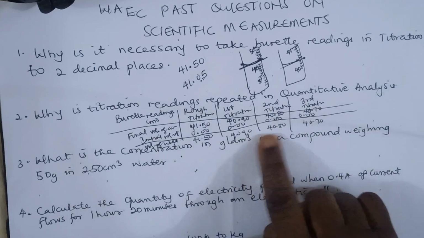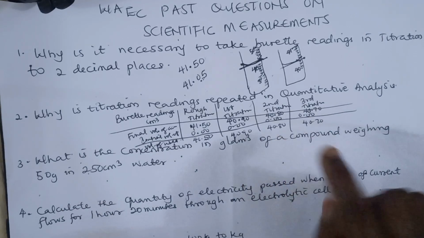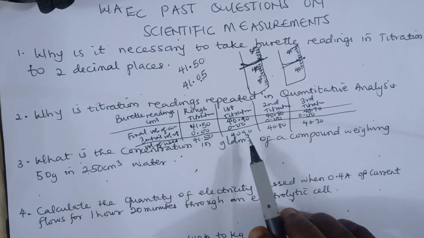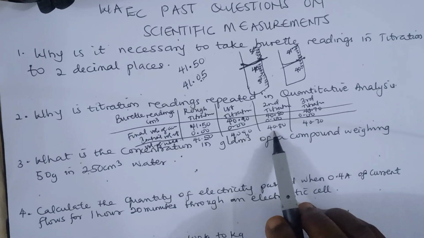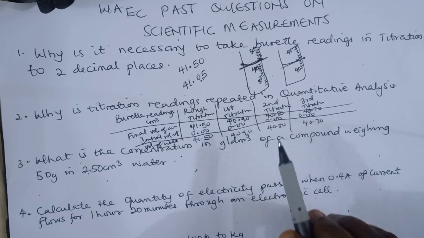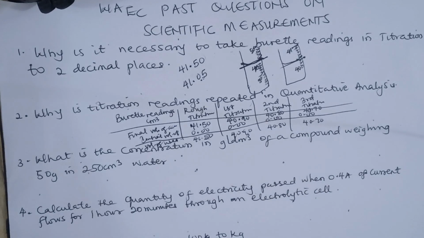You are expected to select the first, any of the last two or the last three that are in concordance. You may decide to choose 40.90 and 40.80, find the average, or find the average of the three, provided the difference between them is just 0.1 or 0.2.